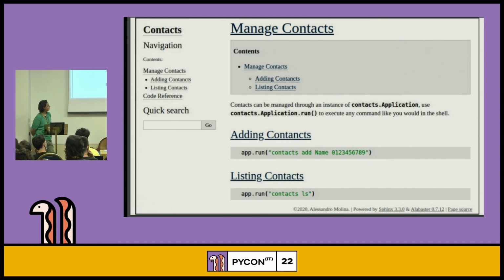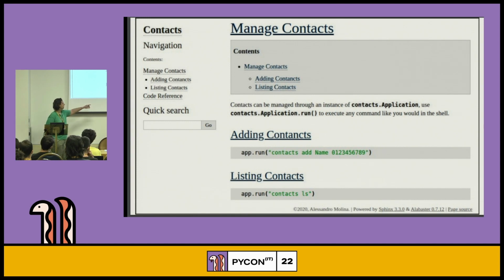And the question is, how can I guarantee that the ls command still lists the contacts that I have recorded if, for example, I decided that it's more readable for the end user to use contact list instead of ls, given that the majority of my users are probably not going to be Unix system administrators. And that's exactly the part that we want to test.